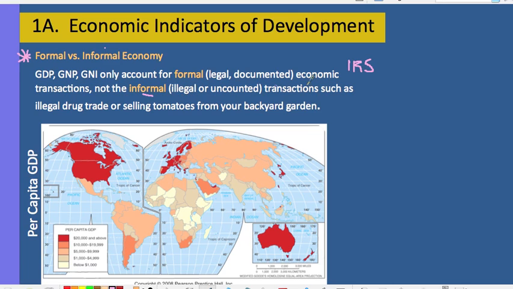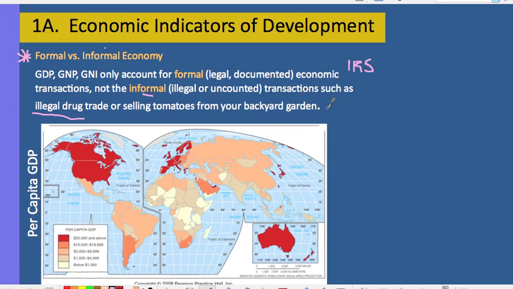And this informal economy would include things like the illegal drug trade. It could include selling tomatoes from your backyard. It's not illegal to do that, but you're not documenting it. You're not recording it. You're not telling the IRS that you made so much money selling tomatoes out of your backyard.